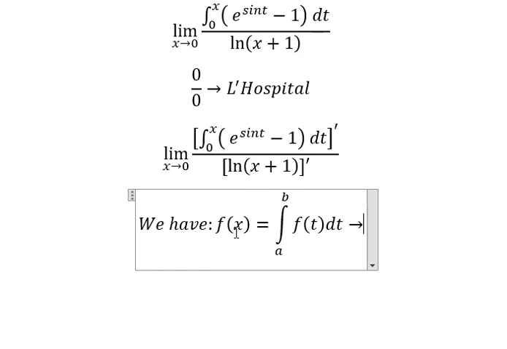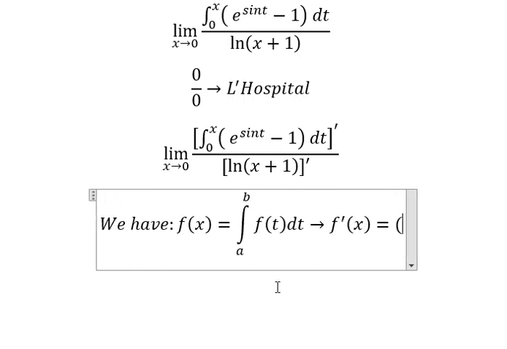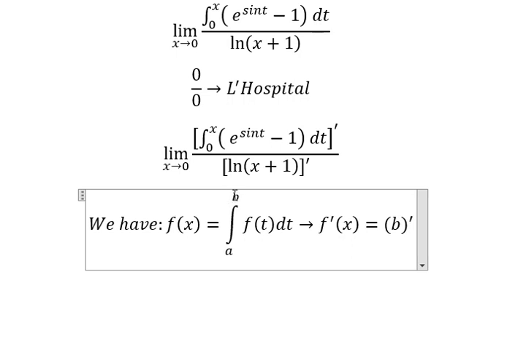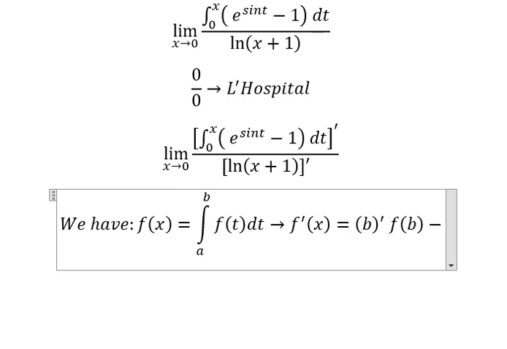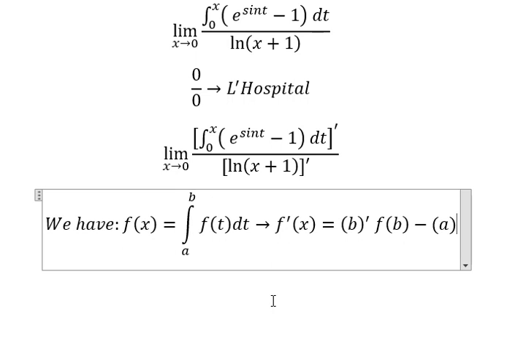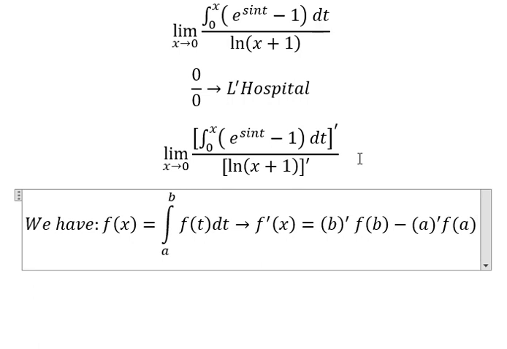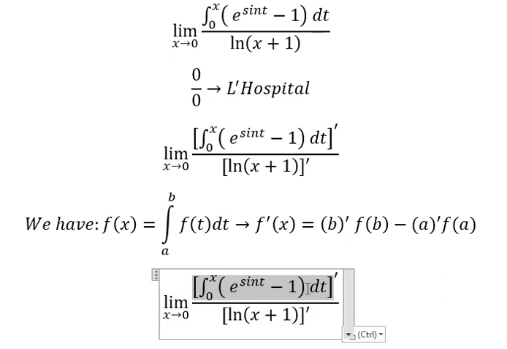If we take the first derivative of this one, we need to take the first derivative of b, where the value of b we change to t, minus the first derivative of a, where the value of a we change to t. Now we can apply the formula here.